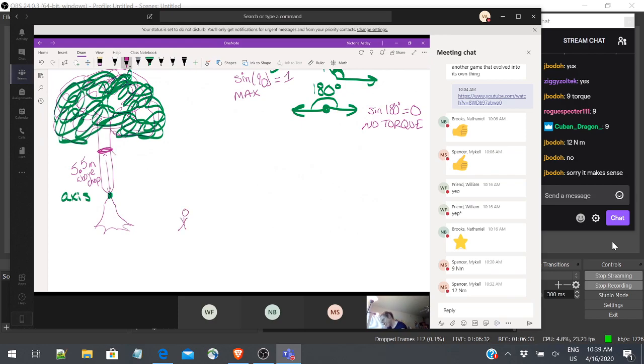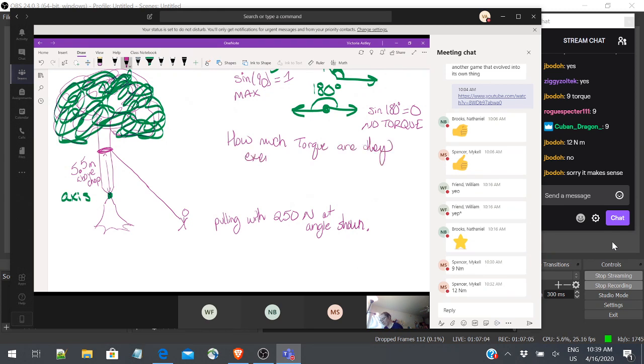And because they are not very bright, they are pulling with, let's say, 250 newtons at the angle shown. How much torque are they exerting?